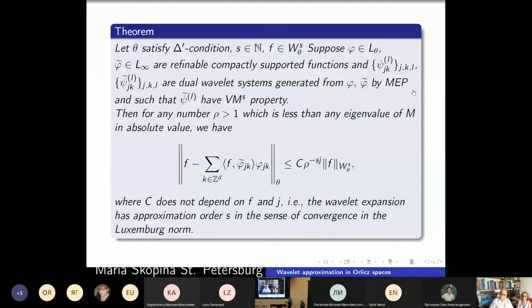Because if we have norm convergence, then we have convergence in the small Orlicz space, but this is not so for a function which is not in the Orlicz space.